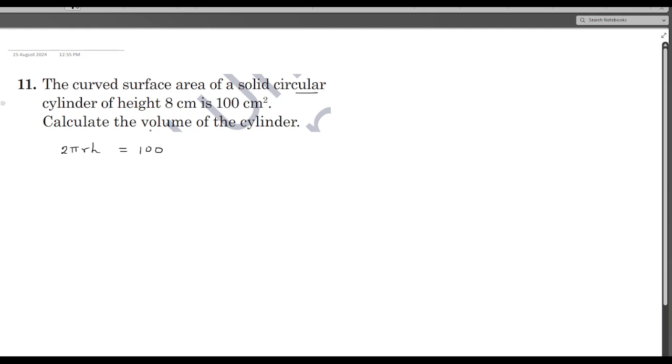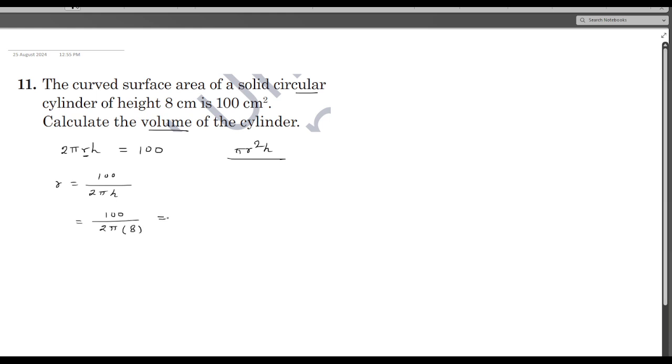We have to calculate the volume. Volume is pi r square h. So anyway, we have to first find out r. So r will be equal to 100 divided by 2 pi h, which is 100 divided by 2 pi, and the value of h is 8.